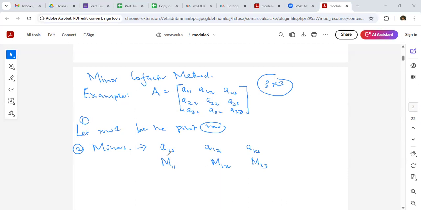The minors are obtained by deleting the ith row and jth column. So for example, the minor corresponding to A11, I delete the first row, first column, so that M11 in this case would be A22, A23, A32, A33.